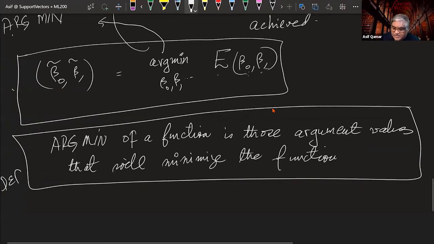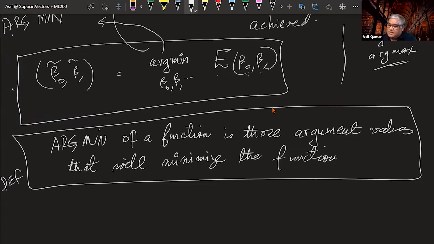So likewise, you can define the argmax. If you want to maximize something, the counter term would be argmax. Argmax would be those values of the argument that will maximize the function. So the words like argmin, argmax are pretty common in the ML literature.